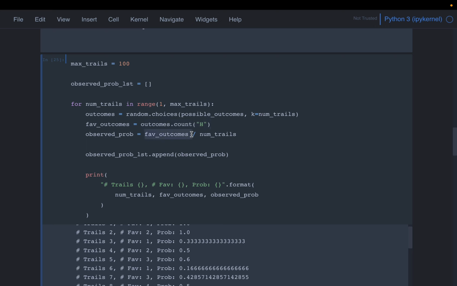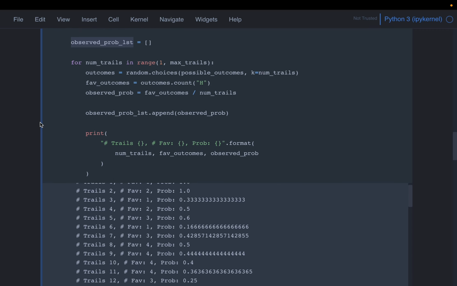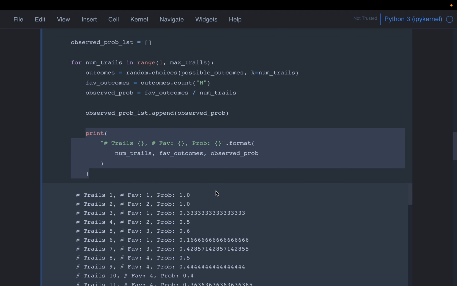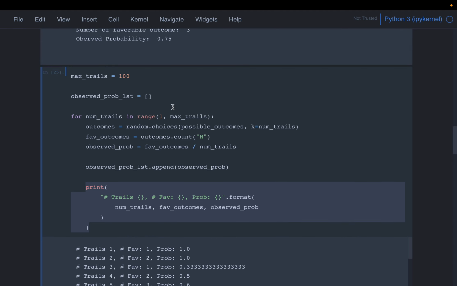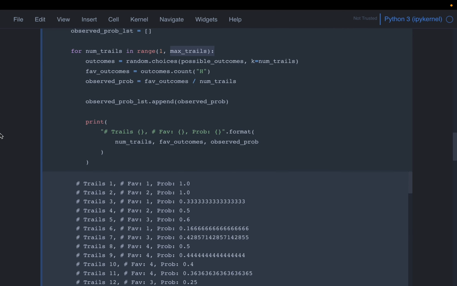We divide the favorable outcomes by the number of trials, and then we get the observed probability. We are simply storing this observed probability in a list variable, so that we can later see how the observed probability changes with the number of trials. And here we are just printing some information, which is the number of trials, the number of favorable outcomes, and the probability. So when we run this with maximum number of trials 100, this is what we saw.